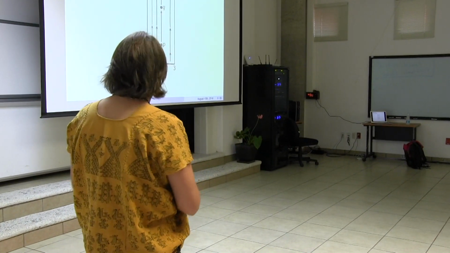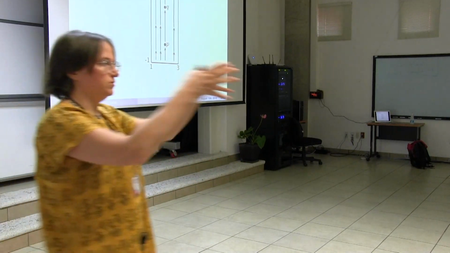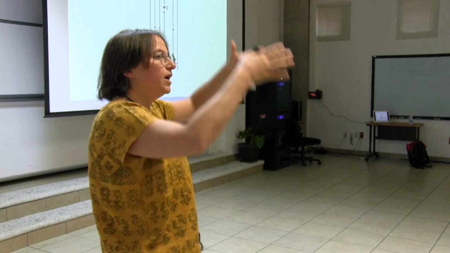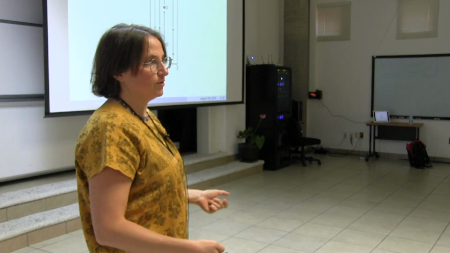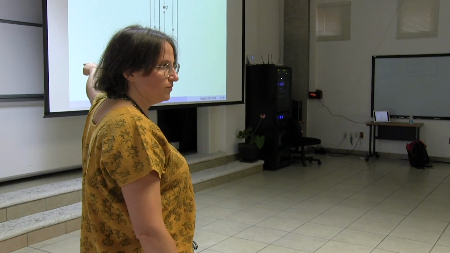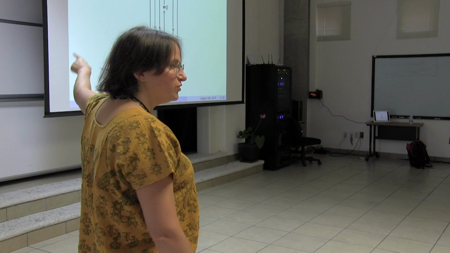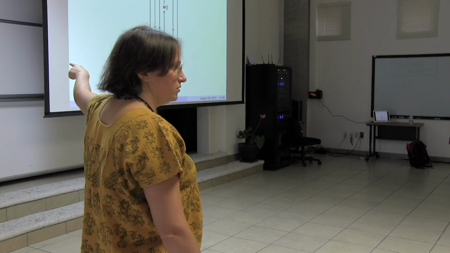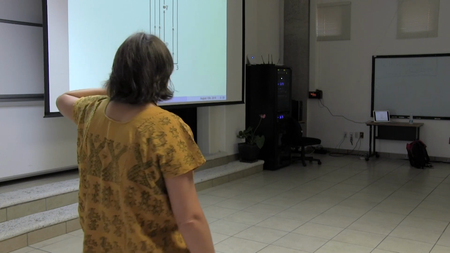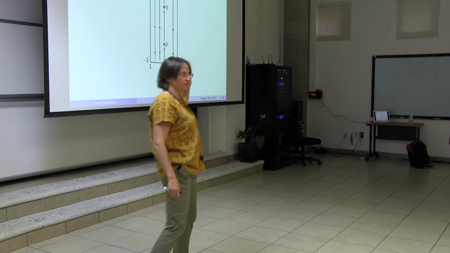Sorry, I moved this. Since I want to insert this in a manifold that already has a flow, I need the vector field to be vertical near the boundary. So I need that F to be 0 near the boundary. That's the first condition. I will ask F to be 0 near the boundary of the rectangle. Then I want to get rid of these singularities because I want a non-singular vector field over there.